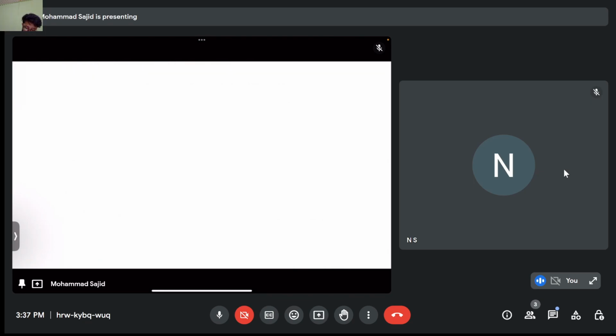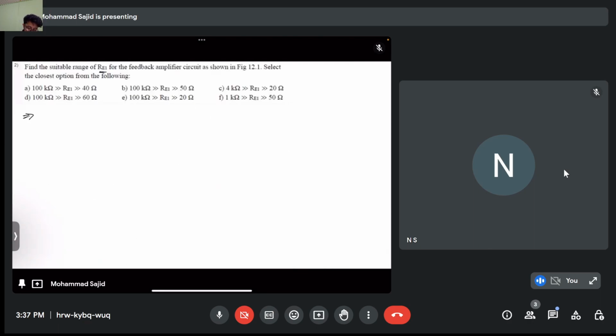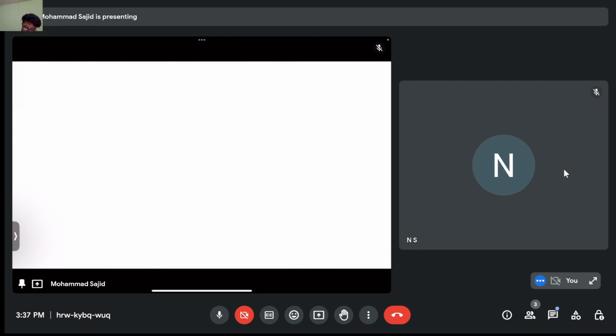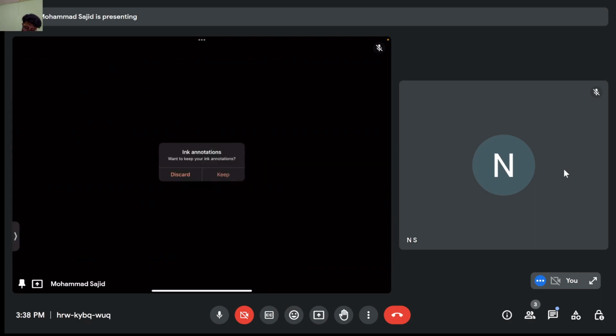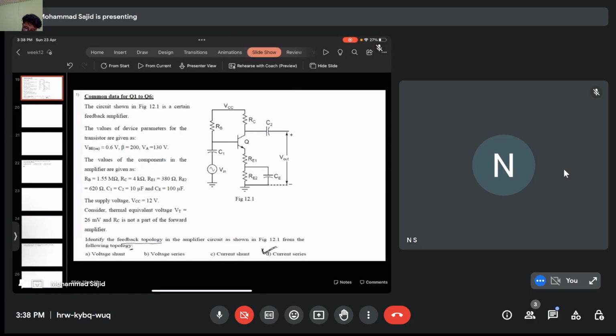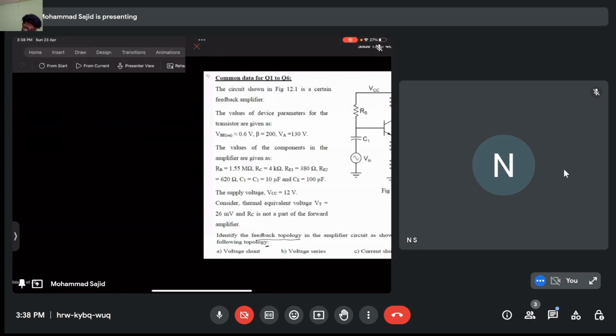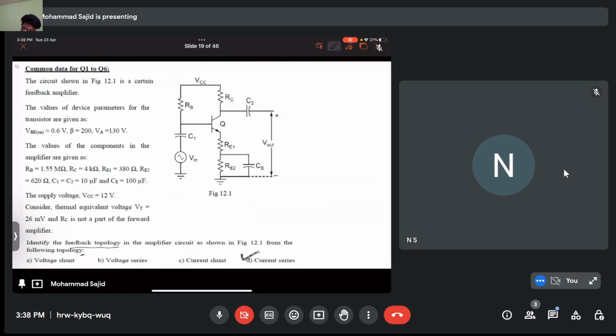First, we need to find the current, R0, R pi, gM, etc. So let's start. We will follow from this step.